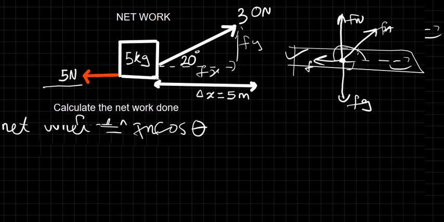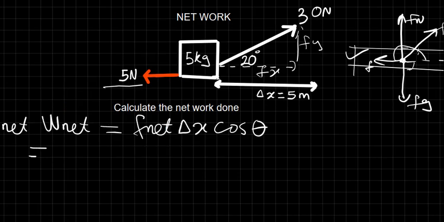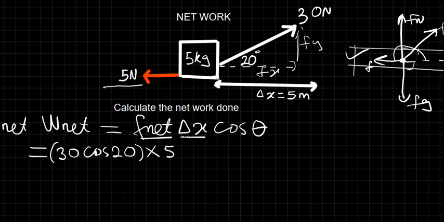So our F net is therefore going to be 30 cos 20, and multiply by the displacement, which is 5. That 30 cos 20 is just the horizontal component of the 30 Newton force.